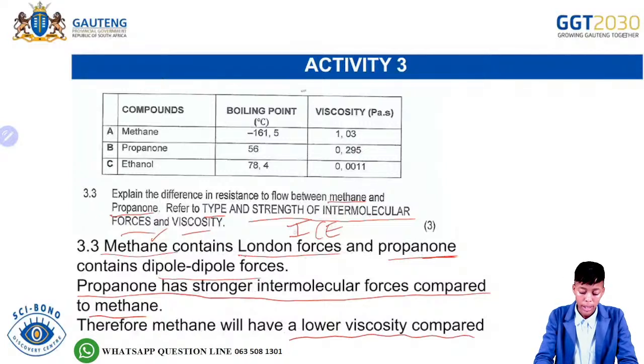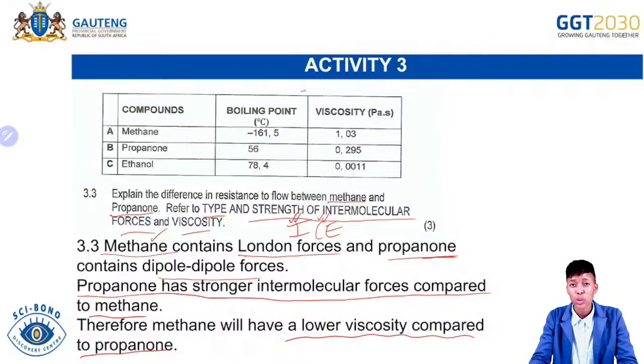After stating what we know, we then compared. When comparing, we said propanol has stronger intermolecular forces as compared to the methane. But in this question, they did not ask about the energy. Already we have a mark for the type, and a mark for comparing.